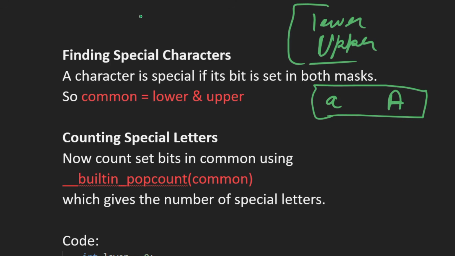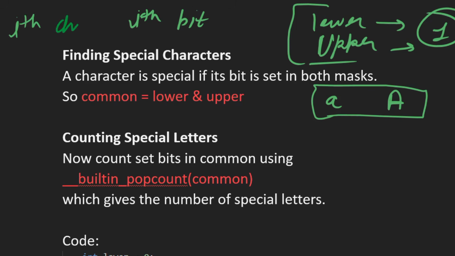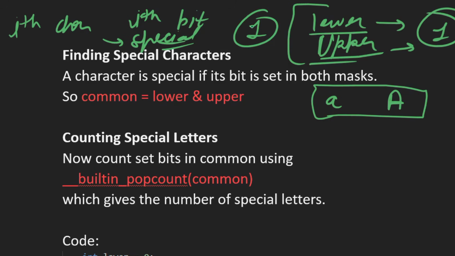That means the ith bit in both should be set to 1. If the ith character is a special character, then the ith bit in lower and the ith bit in upper are both set to 1.